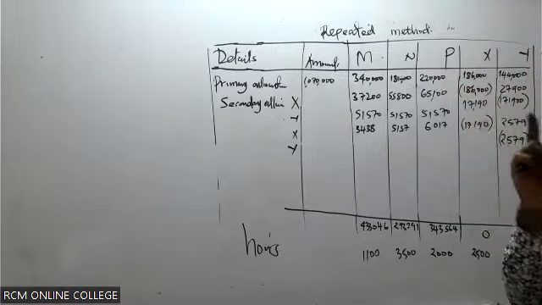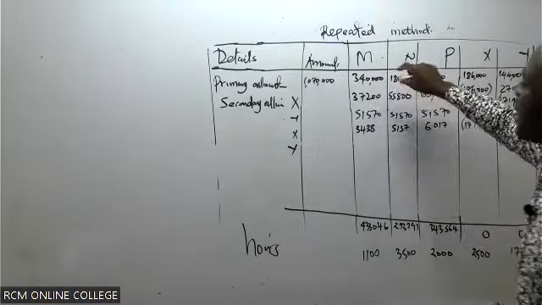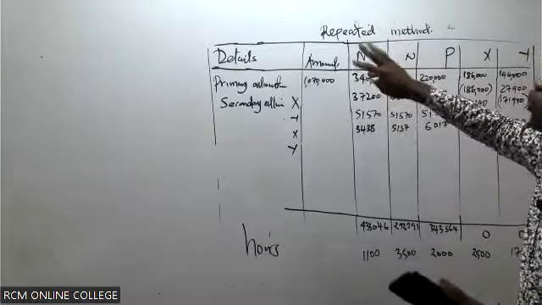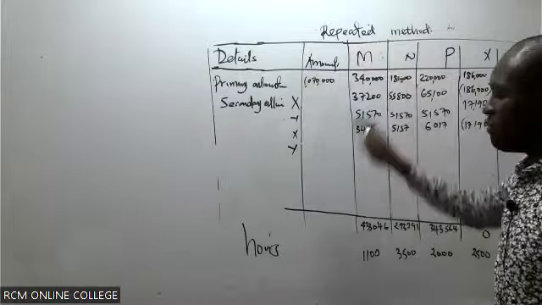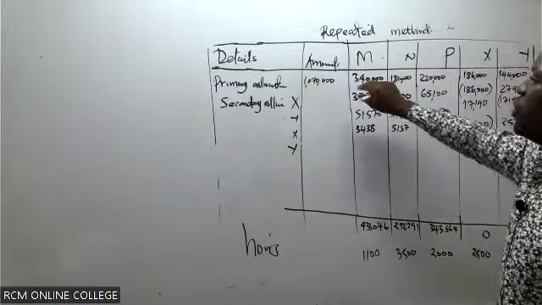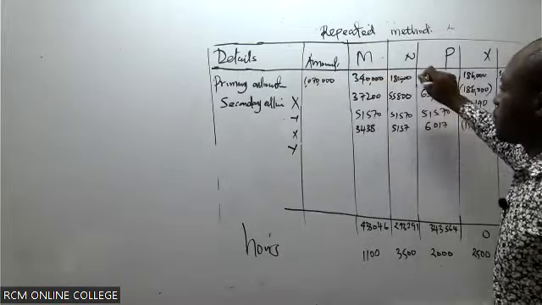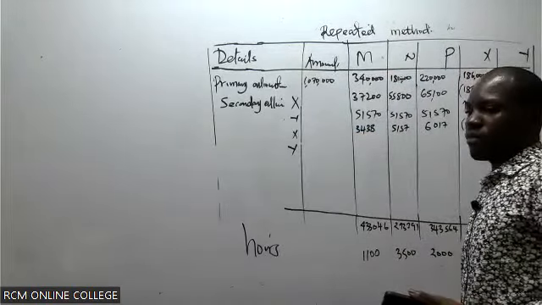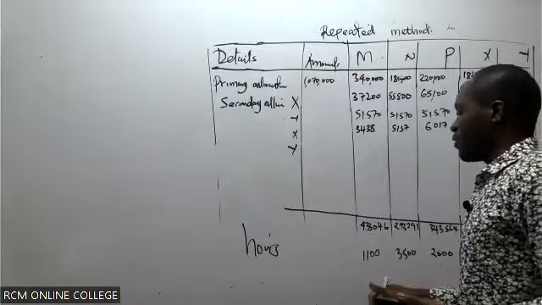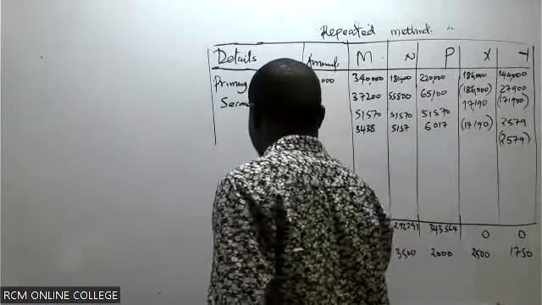You will have to do it by yourself first. Having done this, you transfer it now to this part of doing the reapportionment. The reapportionment, they have mentioned the method there. You again do the reapportionment. Having done the reapportionment, you now come to this part of getting overhead absorption rate.